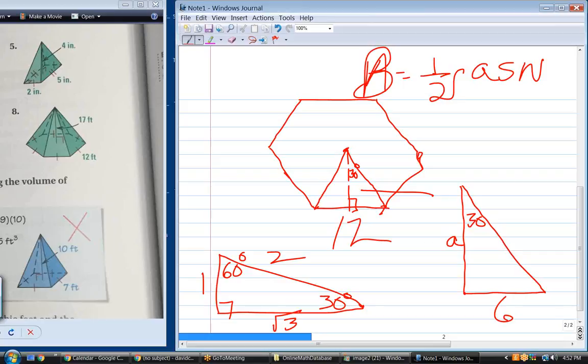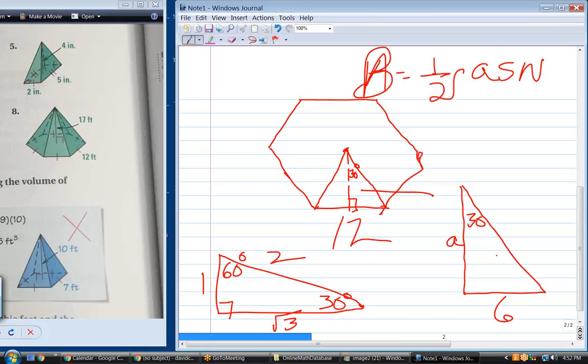Square root of 3? No. Make sure you're measuring the proper sides. Over here I'm looking at the side that's opposite the 30-degree angle, and over here, the side that's opposite the 30 is 1. That's why I call it my unit special triangle. So what's the similarity ratio?